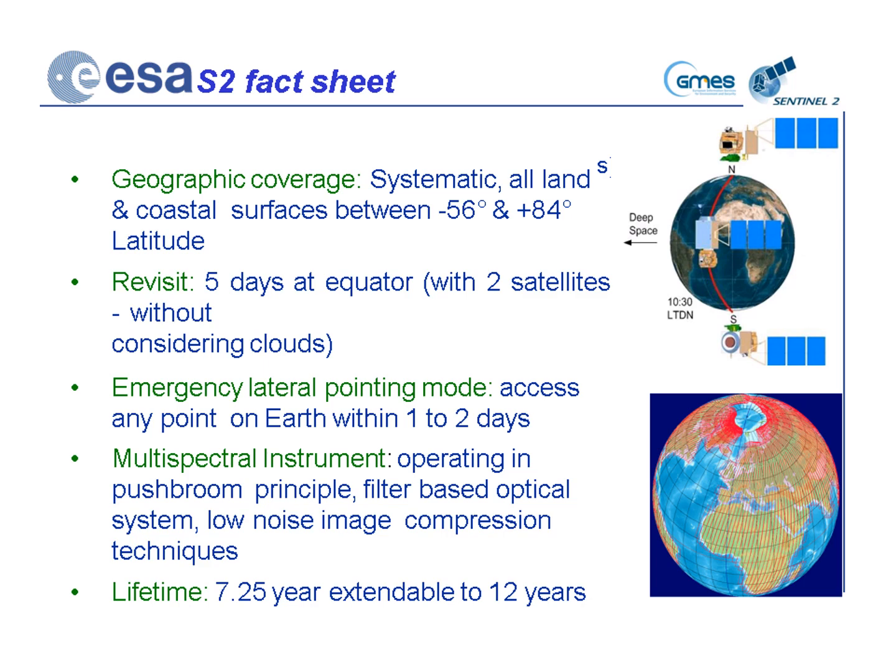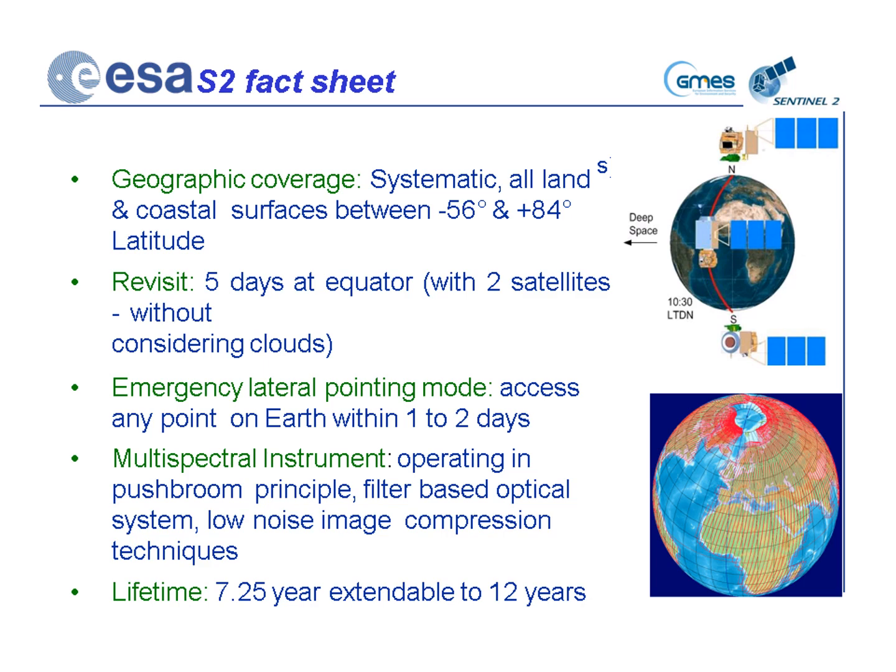It's systematic. It's all land and coastal surfaces between -56 and +84 degrees latitude. It revisits every 5 days at the equator when you consider having 2 satellites, okay? And that's, you know, every 5 days you should get 100% coverage of the area it covers, unless you consider clouds, in which case it's going to be a longer revisit period.